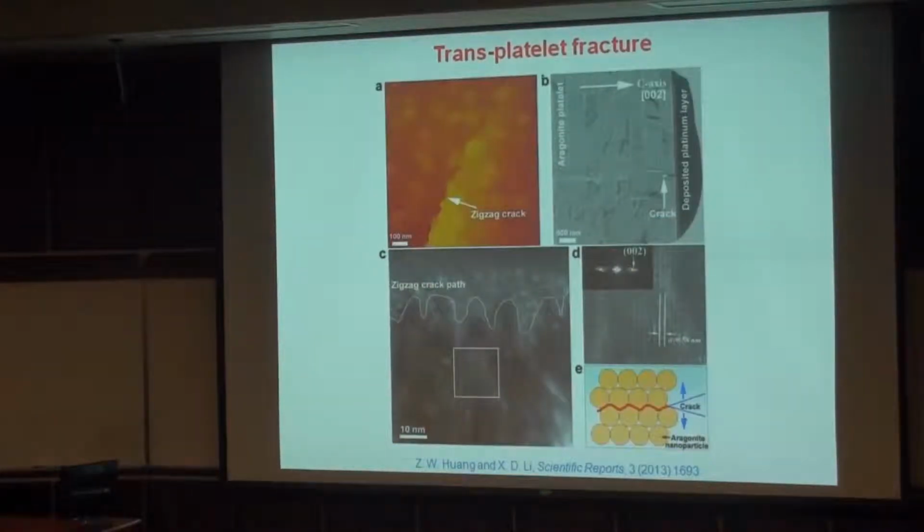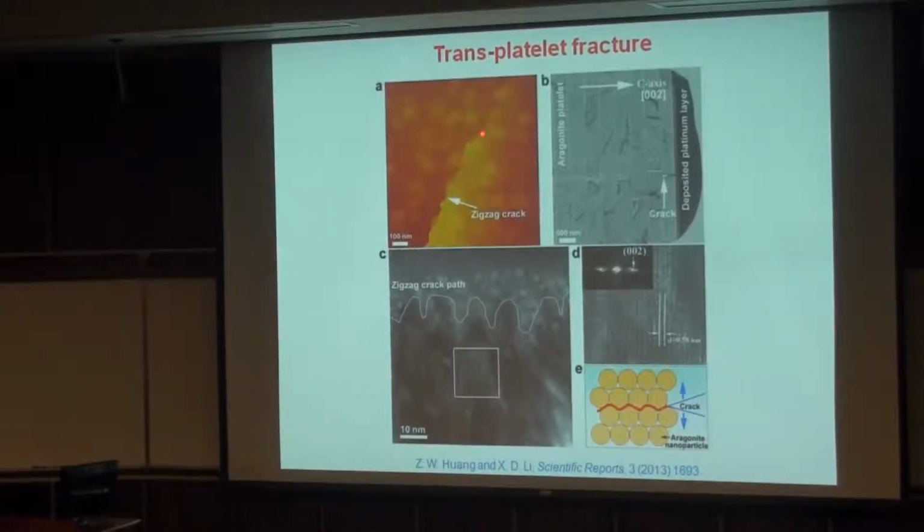You may say, is that true? And so we tried to provide a second piece of evidence. We used a cube corner indenter inside AFM, and we found one brick, polygonal shape, performed indentation, and generated a crack inside this brick. And you see the crack propagation.